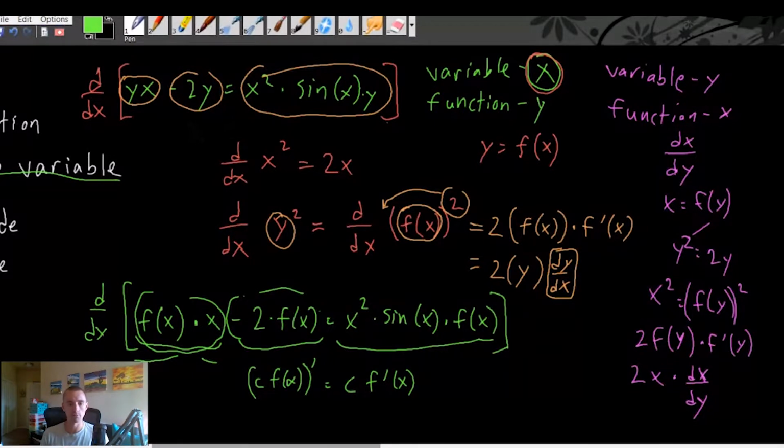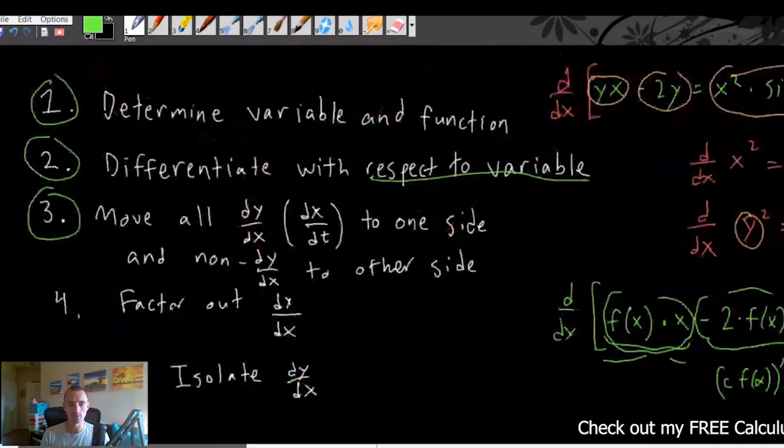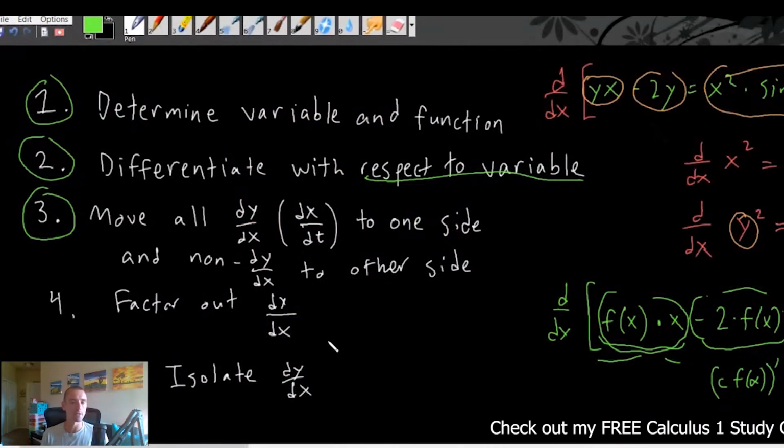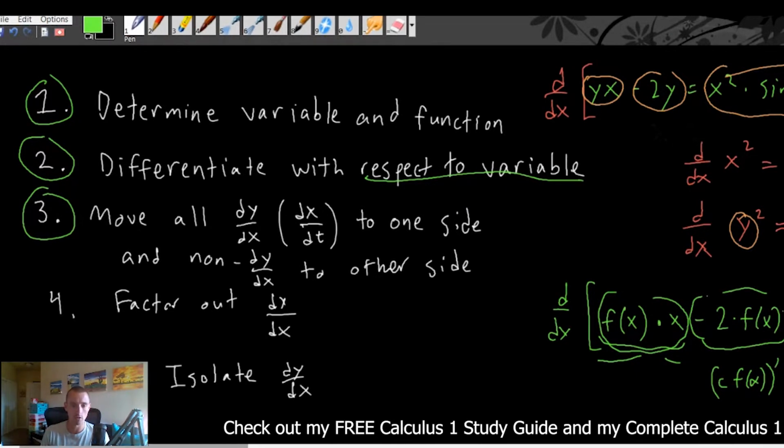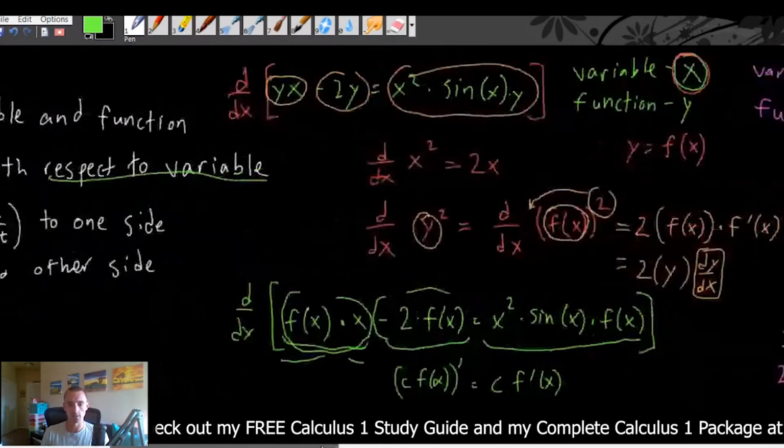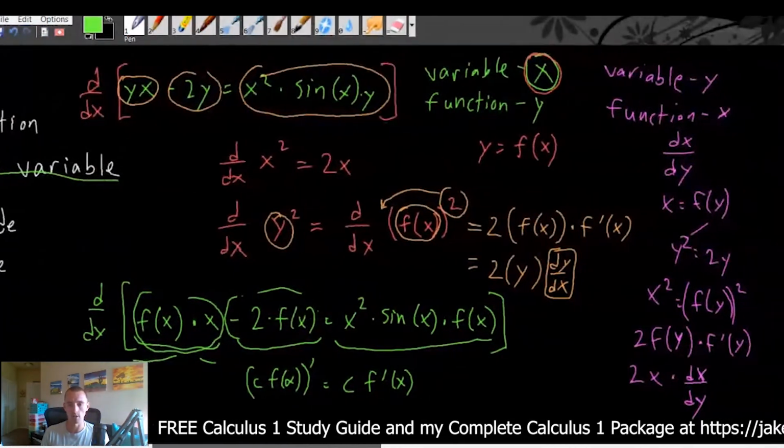Obviously I have the benefit of multiple colors on this board, but when I get to this third step, what I like to do is circle all of my dy dx terms in one color, and then circle all my terms that don't have a dy dx in them in another color, so it's easy to see which things I need to add or subtract over to the other side.